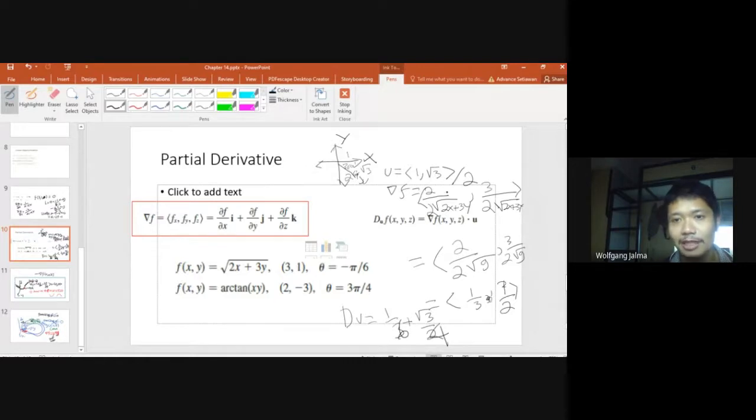So it's normalized to this. Do you understand how to get the u? Okay, so that's why I put that.